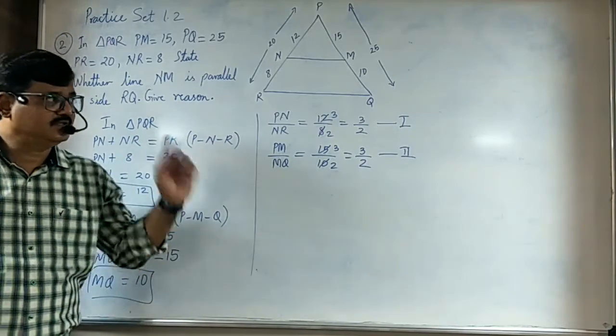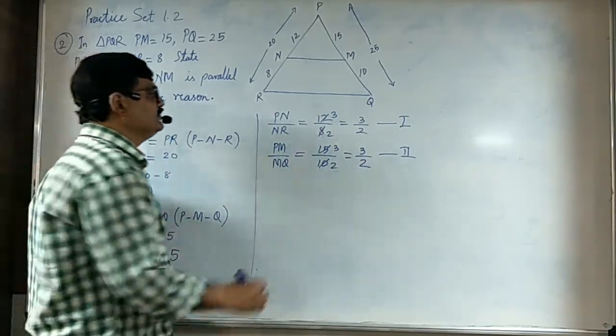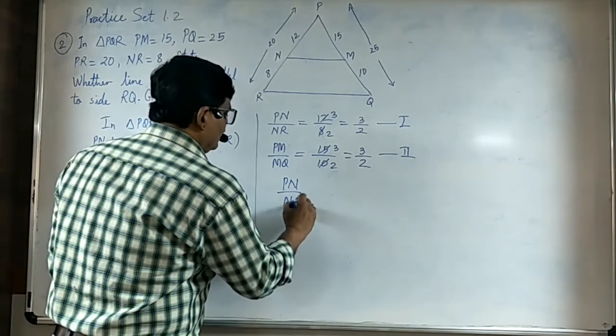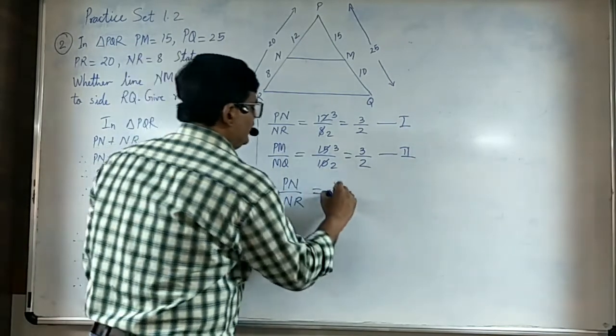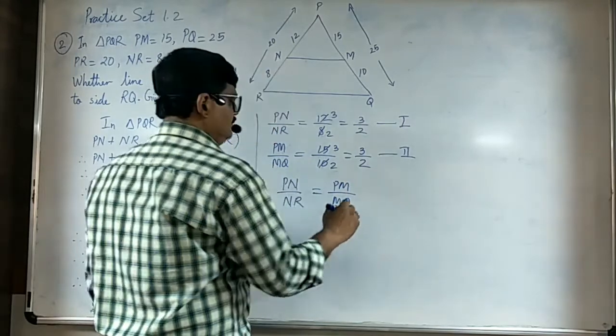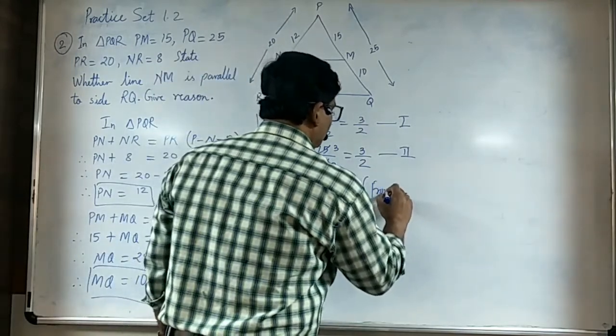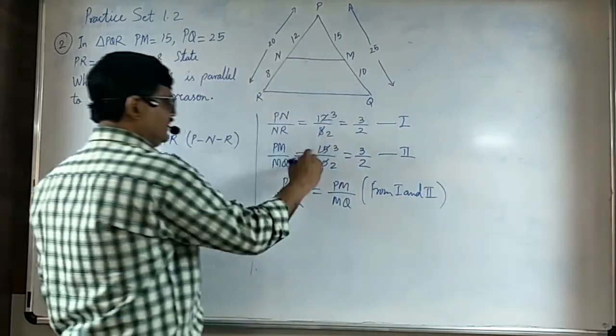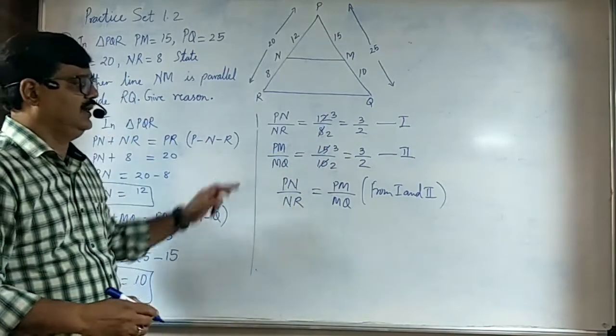So this shows that these ratios are equal: PN upon NR is equal to PM upon MQ. From the first and second, we got that these two ratios are equal.